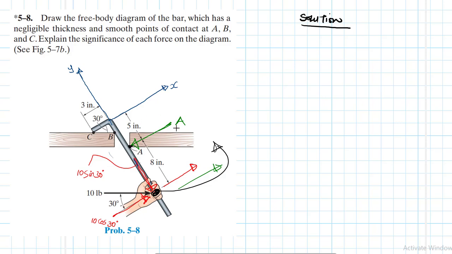To rotate in an anti-clockwise or counterclockwise direction. But this rotation will be restricted by the contact at B, and therefore, because of this restriction, we expect to have a reaction force also at that point. And this reaction force is also going to be normal to the bar like that, and we call it normal force B.